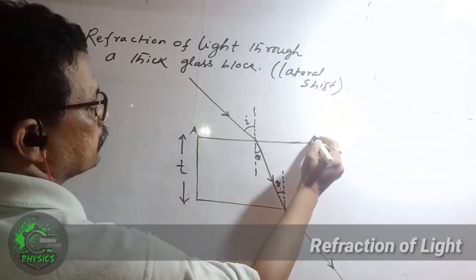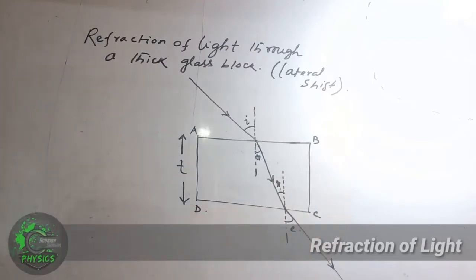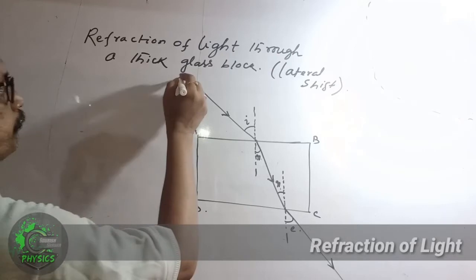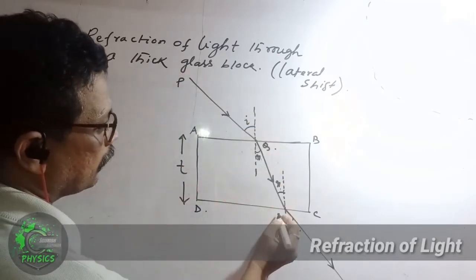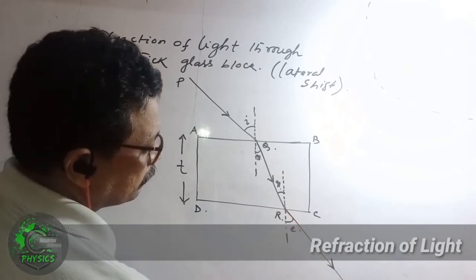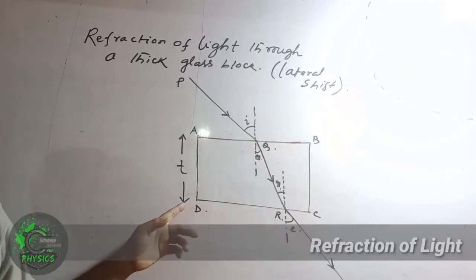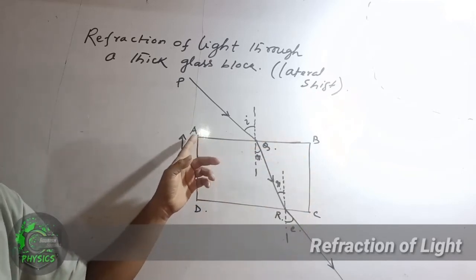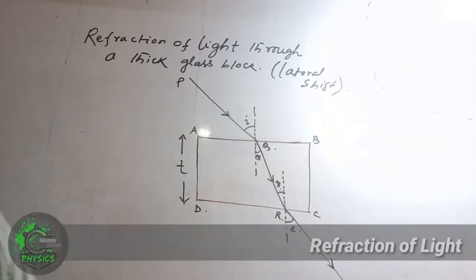So, we are considering ABCD as the glass block of thickness T. Let PQ be the incident ray, QR the refracted ray, and RS the emergent ray. In the plane glass slab, the surfaces AB and CD are parallel to each other.